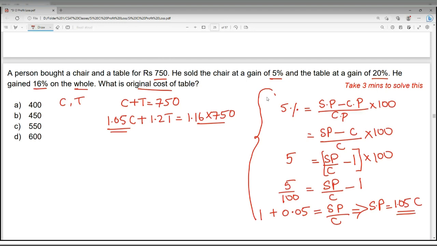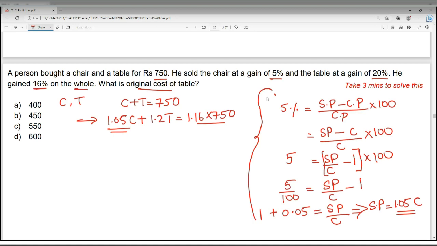In this equation, I have directly written the selling price as 1.05 of the cost price, and the selling price of the table is 1.2 into the cost price of the table. And overall gain was 16%, so 1.16 into 750.